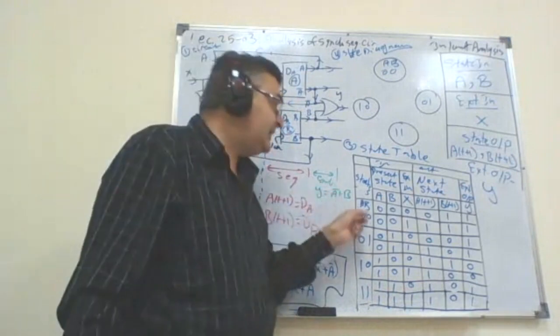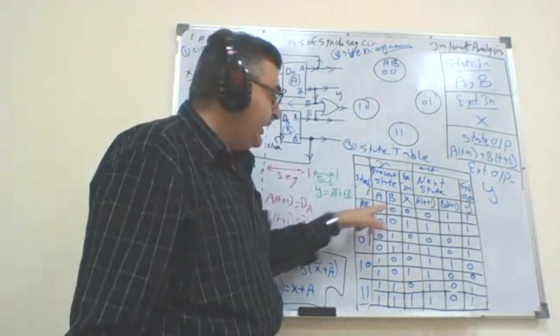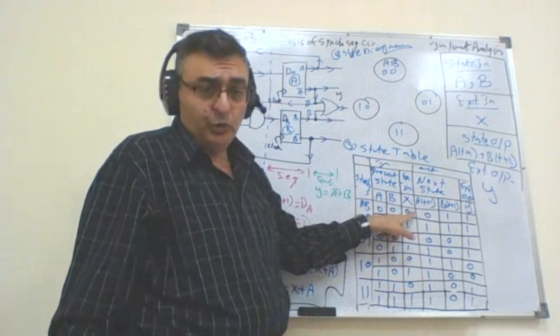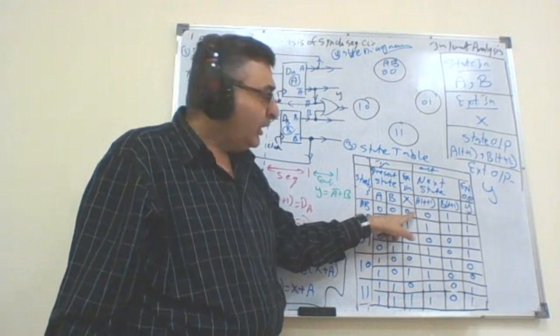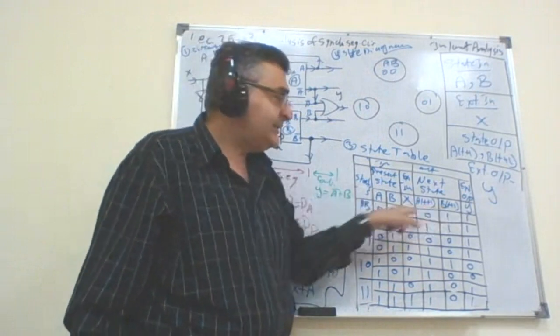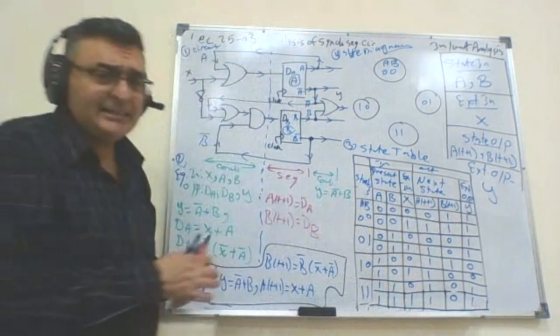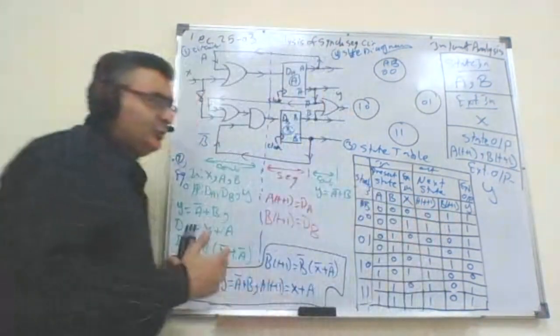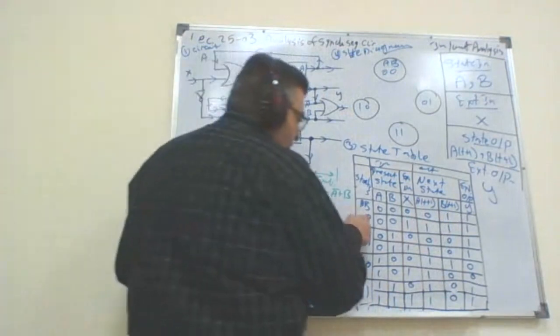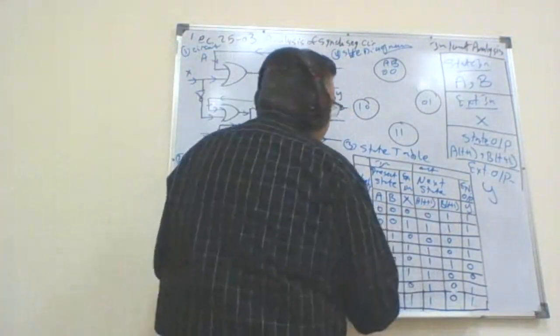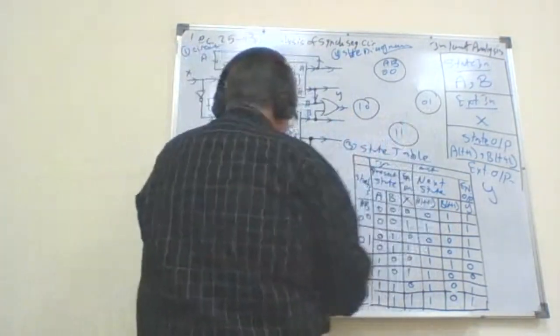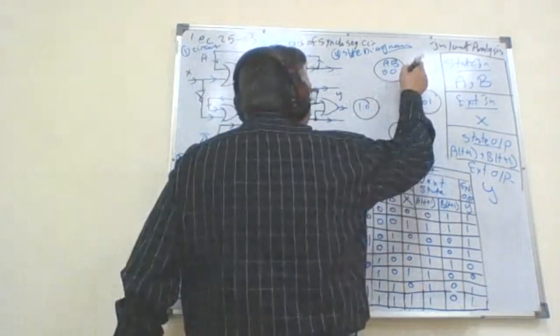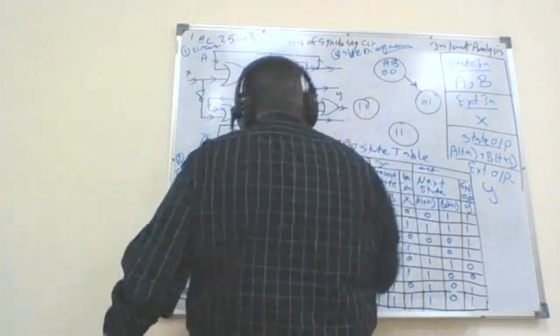Each of those arrows represents a state transition. If I am in state 0,0, and the X input equals 0, what will be my next state? My next state is the combination A of t plus 1, B of t plus 1 together. If I am in 0,0 with X at 0, I will go to 0,1. So I have an arrow going from 0,0 to 0,1.